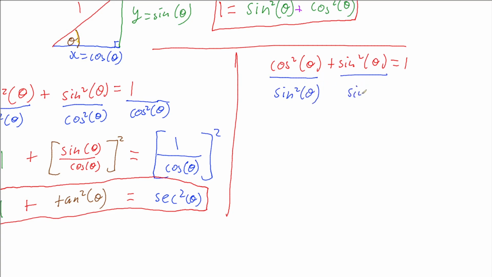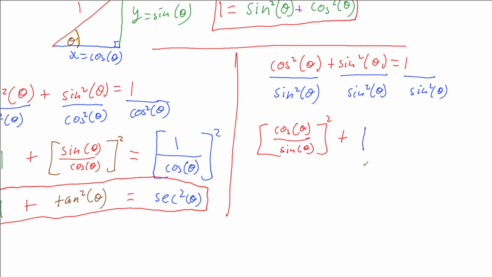So we're going to divide everything by sine squared of the angle. So now in my first term, I've got cos of theta on sine of theta all squared, plus my second term is sine squared over sine squared, so that's just 1.